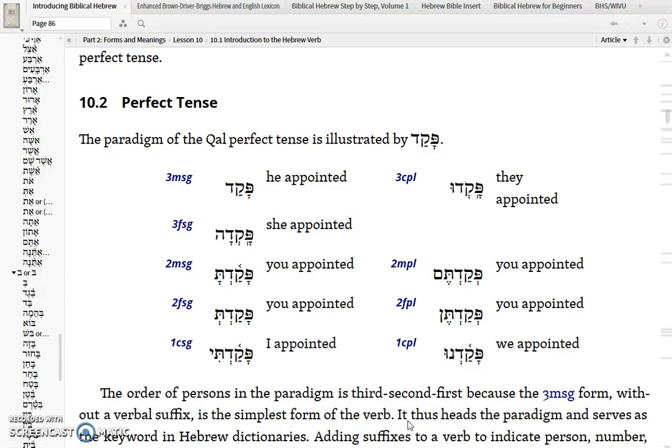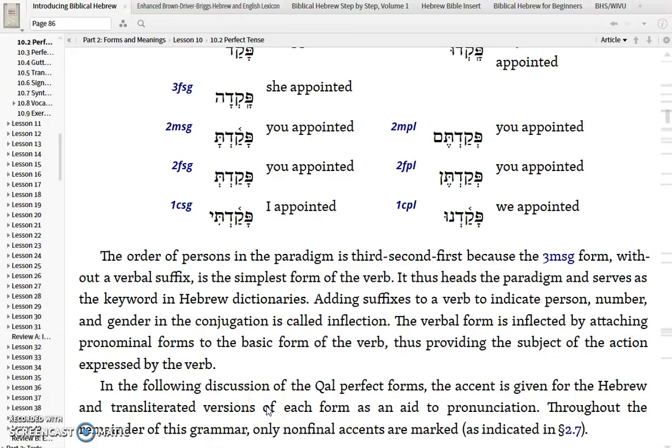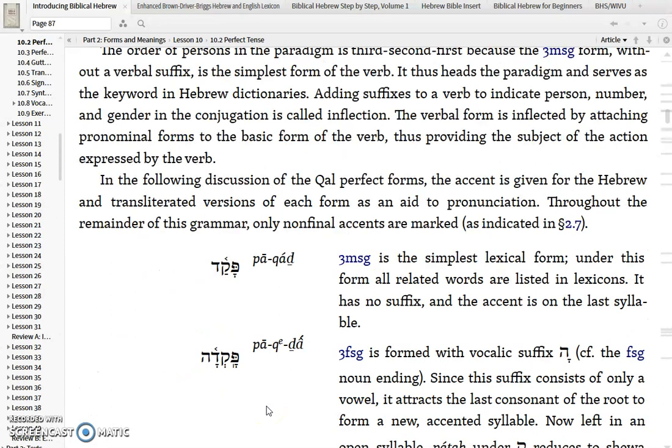And you need to learn the paradigm of the verb in the Qal. There'll be a quiz on that. I think I use, instead of pakad, I use katav, which means to write, but it has all the same endings as these. Now, the paradigm is a little different than in English.